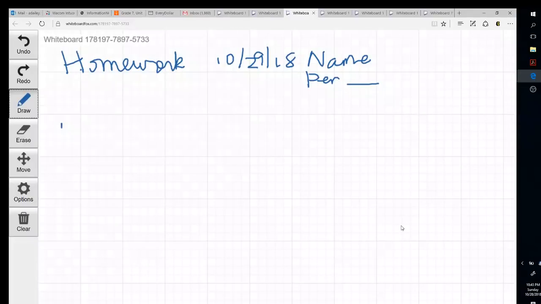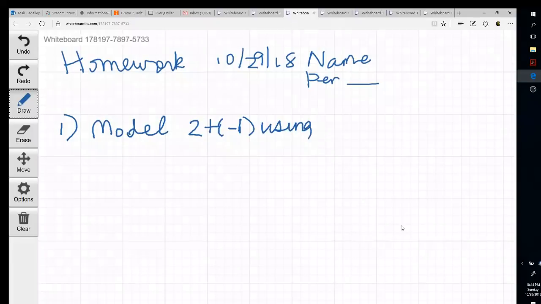So number 1 on your own paper, model positive 2 plus negative 1 using arrows.